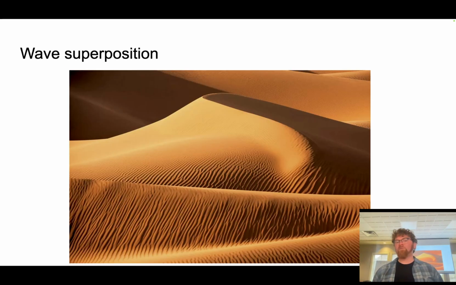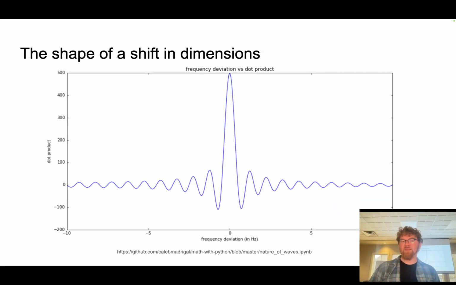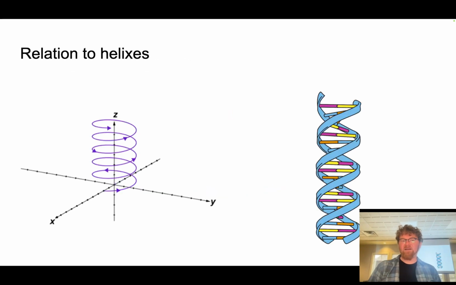That's the concept of wave superposition. And this is a picture, actually, so you can see there's these bigger waves, these big mountains, and there's all these littler waves inside. But waves are basically, you can break them back apart. Yeah, we're not going to get into that too much.